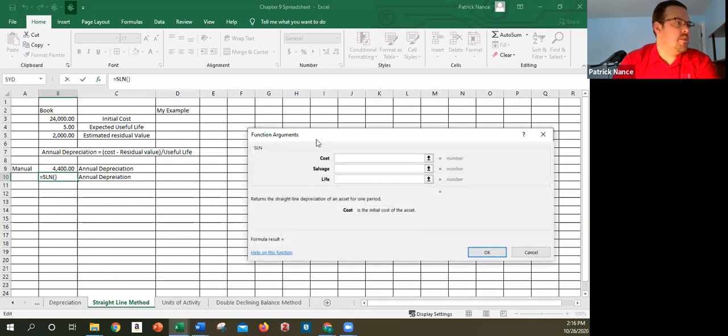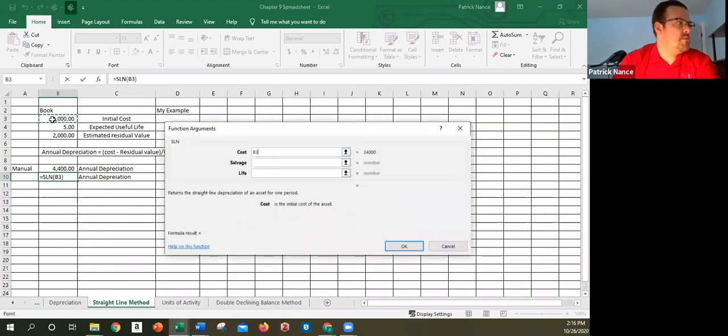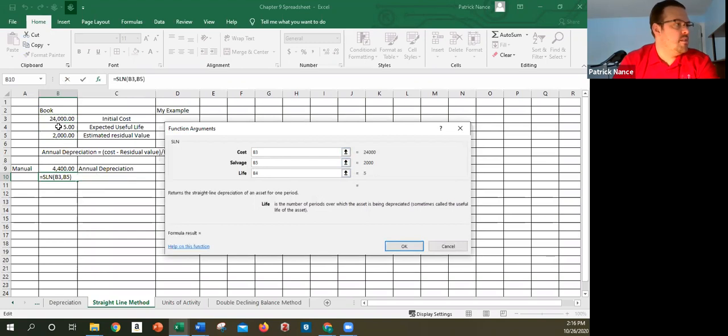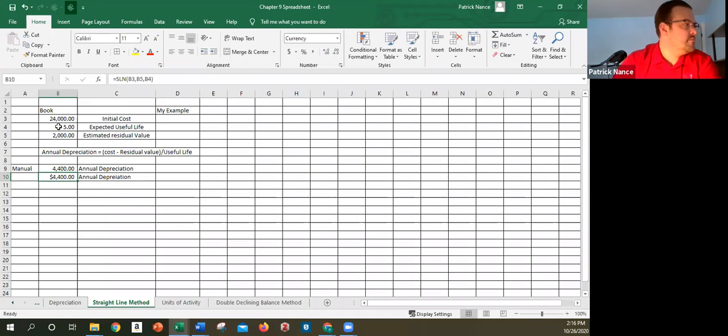The f of x up here is just a little easier to see. So cost. Remember I told you residual and salvage value are interchangeable, and they are. So I'm going to click on the salvage value, the residual value, and the life, and it does that for me. So $4,400 is my annual depreciation.